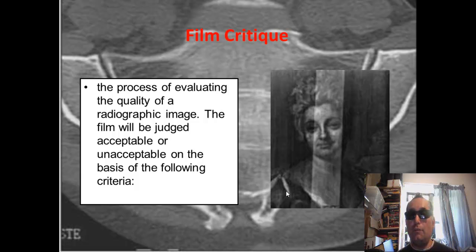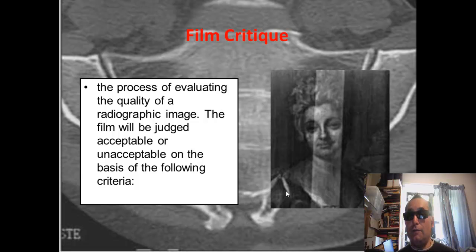Among other things, positioning is one very important aspect of the criteria. In fact, it may be the most important aspect. If a part is mispositioned or not positioned correctly, it will result in a repeat examination.